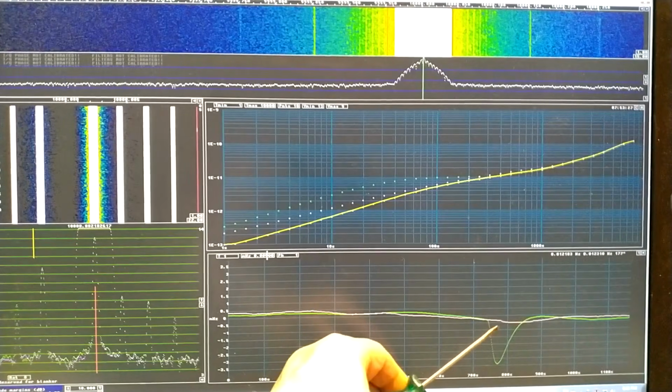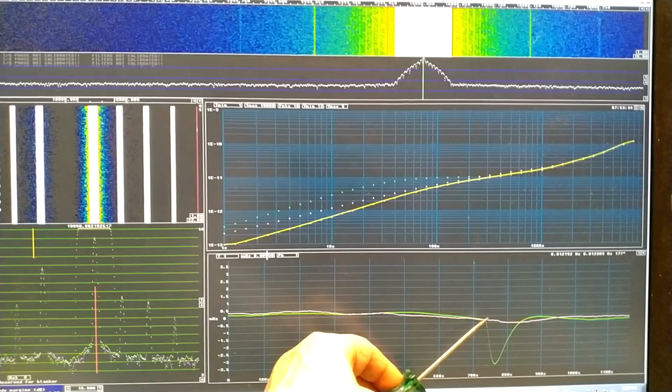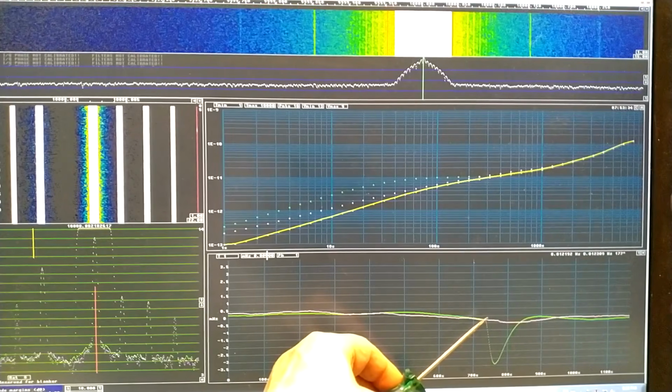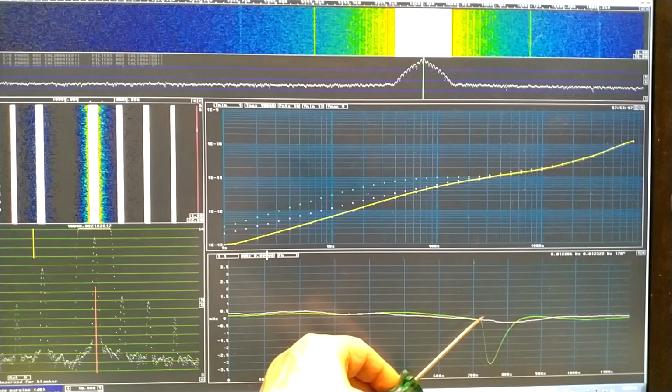When I increase the supply voltage by 10 millivolts, that is not a lot, then the current in the first moment is not changed, because the difference between the reference voltage and the thermostat voltage doesn't change. So the current is the same and the voltage is higher.